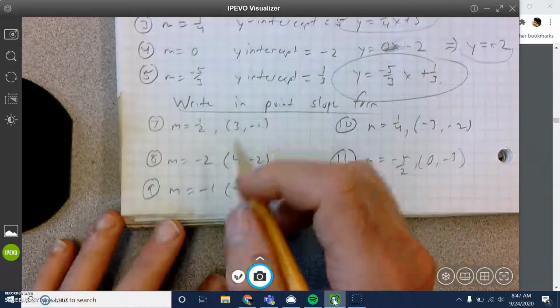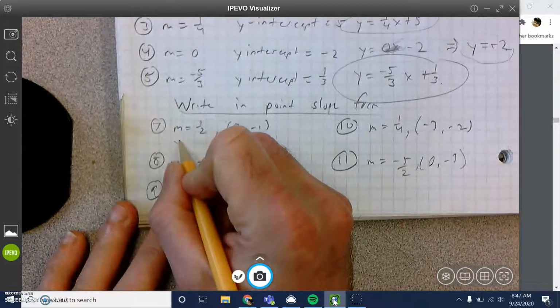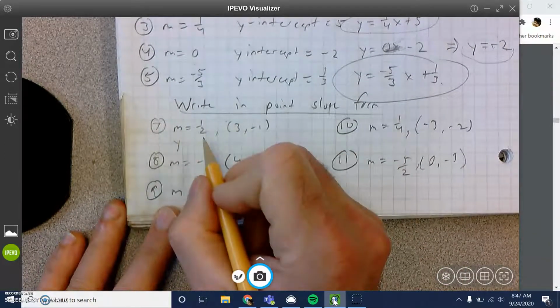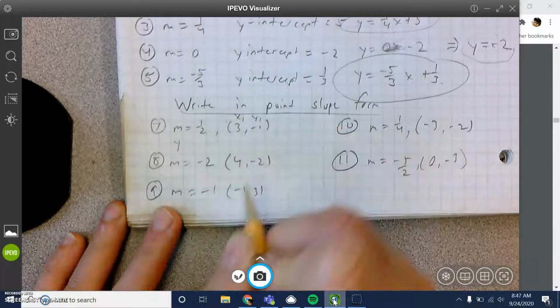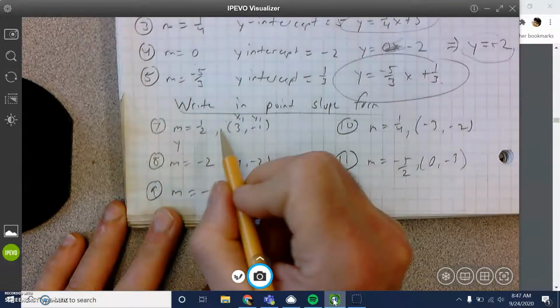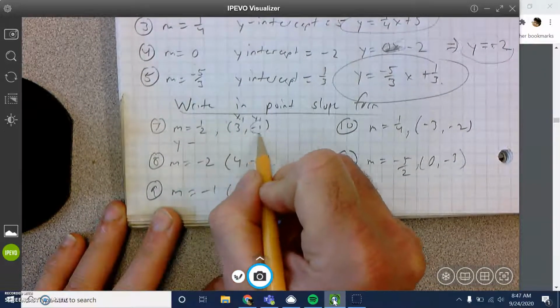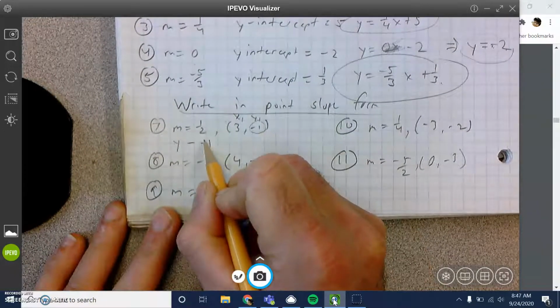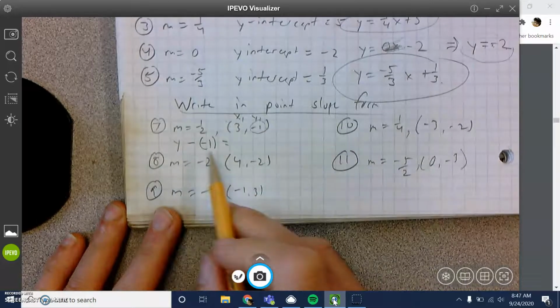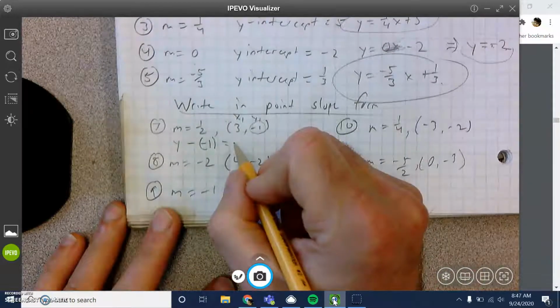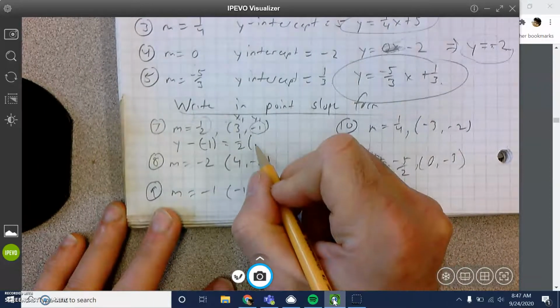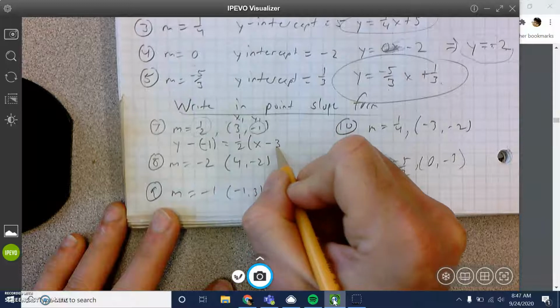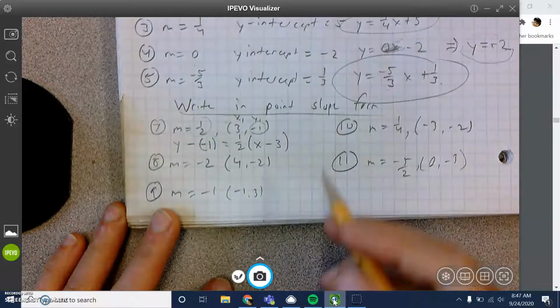Check it out. So you have this, so this is m, and let's label this x1, y1, just to clarify. So y minus y1, so y1 is this, so it's y minus negative 1, which is y plus 1, by the way, equals m times the quantity x minus 3, which is x1.